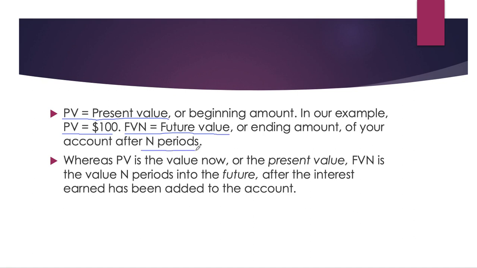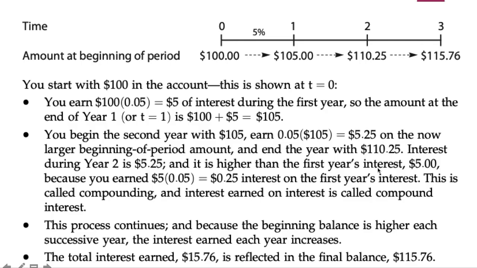So here N basically refers to the number of periods. So PV is the value now, as we just defined, the present value, and FVN is the value at the end of these n periods in the future, after we have considered the interest added in the account.